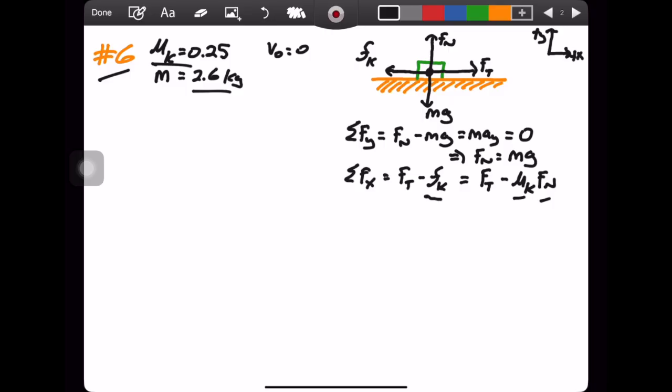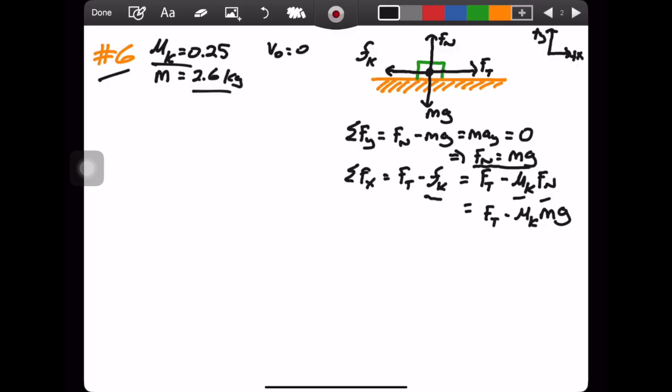And so the more the normal force, the more the block is pressing up against the surface. I can further rewrite this because I have the normal force being equated to mg, and so this is equal to the force of tension minus the coefficient of kinetic friction times the mass of the block times g.